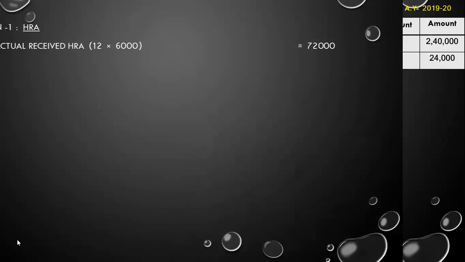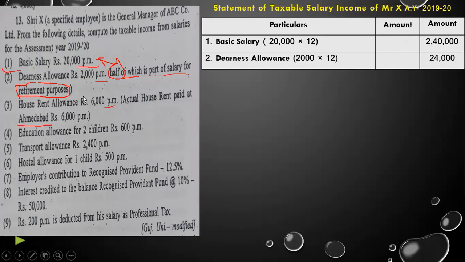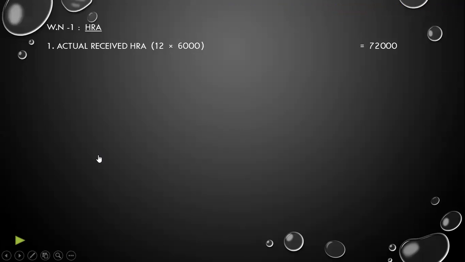Here it is stated that house rent allowance is 6,000; we are getting the 6,000 allowance, and we are paying the rent of 6,000 per month, and the city is Ahmedabad. So now let's calculate it. Actual received HRA: 12 into 6,000 is equal to 72,000.